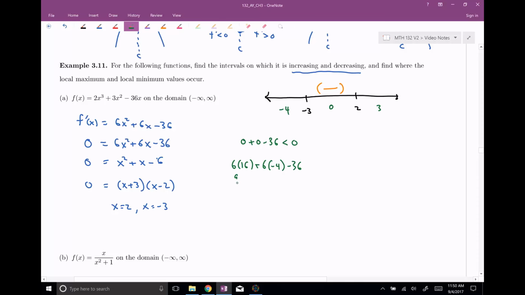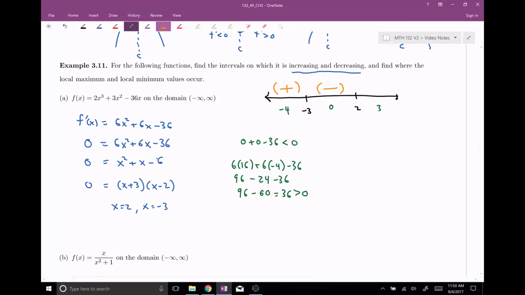So this is going to be 96 minus 24 minus 36. So that's going to be 96 minus 60, I believe. And so we get 36, and again, the big thing is that this is positive. I don't care so much that the number is 36, but more so that it's positive.